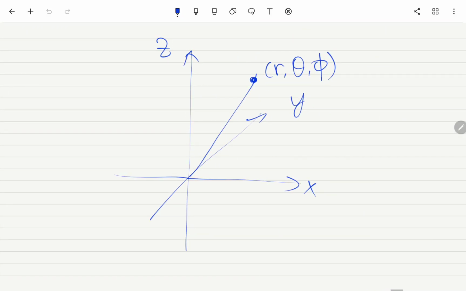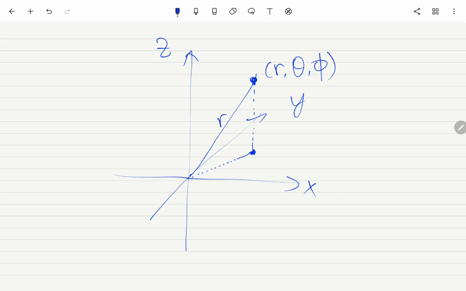Phi is from 0 to 2 pi. We project this point onto the xy plane, and then we connect it like this.